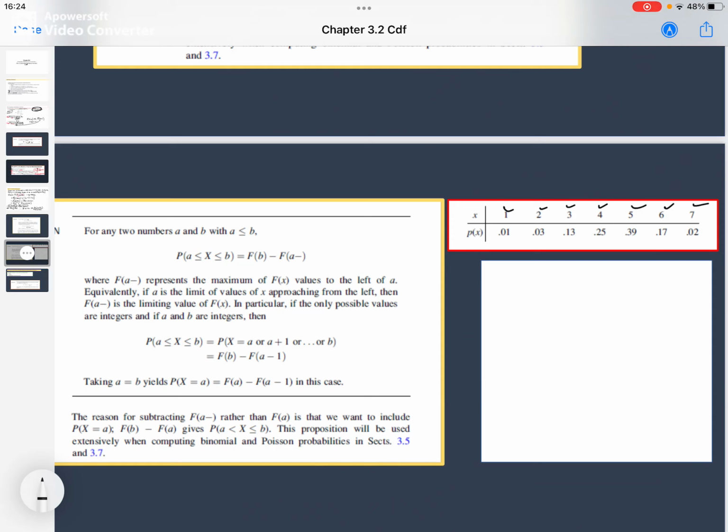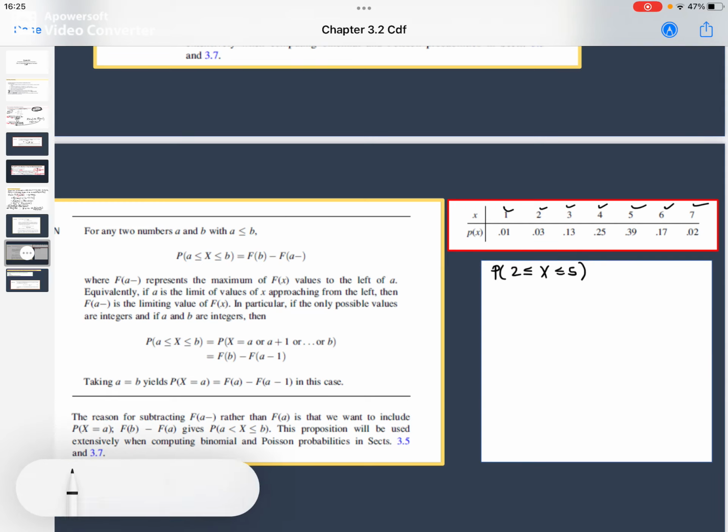We will assume that this table gives us a valid PMF, or probability mass function. So let's say we are calculating the probability that x is greater than or equal to 2 but less than or equal to 5.